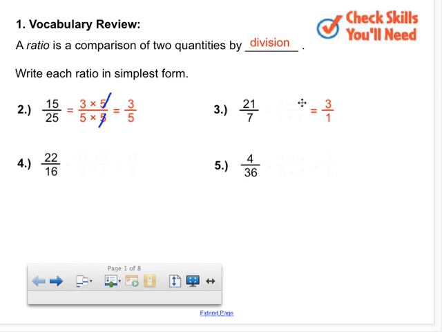Okay. That's one way to think about it. Or you could have said 21 is 3 times 7, and 7 is 1 times 7. In this case, my 7s cancel. Okay, we good? And so I get 3 times 1, 3, 1 times 1, 1.